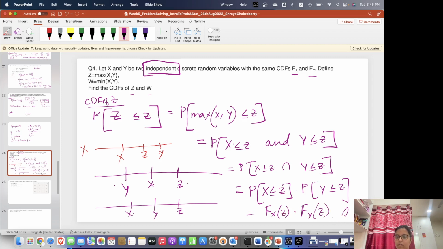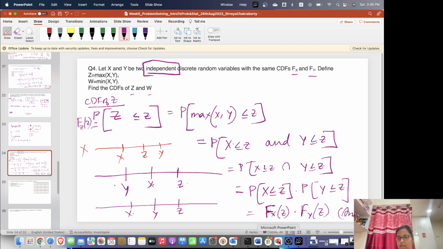This is how we can write the CDF of Z, F_Z(z). Capital X less than or equal to z would be the marginal distribution for X, no? Yes, that is what I have written. This is the marginal CDF of X evaluated at z.